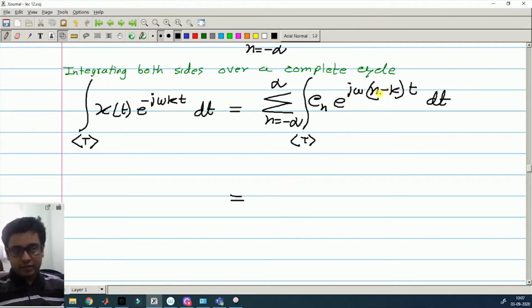The one where n minus k is equal to 0. That means when n is equal to k.